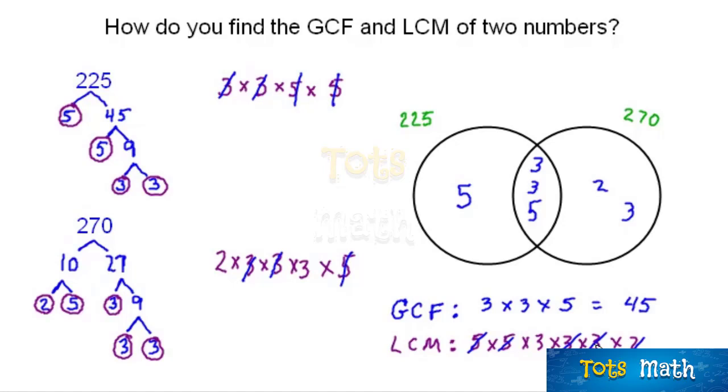And 450 times 3 equals 1,350. That means that 1,350 is the smallest number that both 225 and 270 can divide into evenly.